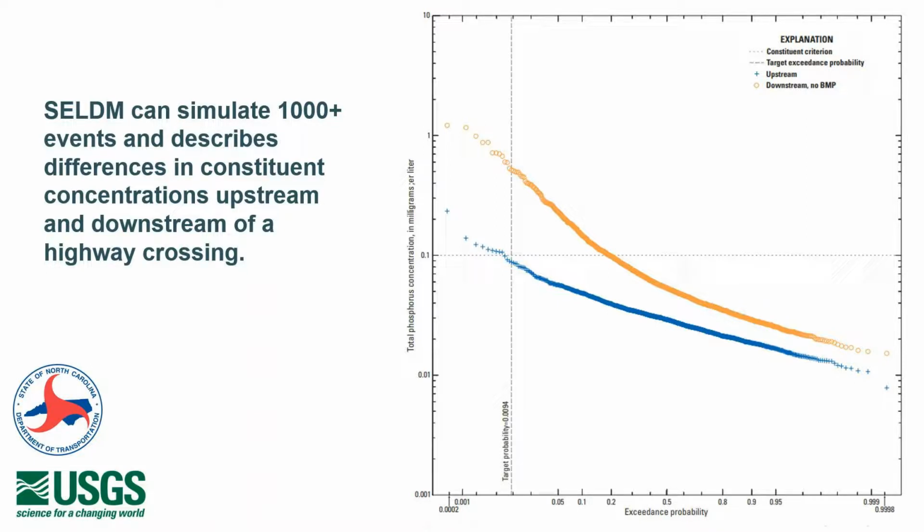You can see the effect of the highway on the downstream effects by looking at the differences between these dots. This is a pretty extreme example where there is an effect, but there are also many scenarios where the highway may not have an effect, or it has an effect without a BMP, but then with a BMP, you can see that that effect is mitigated.